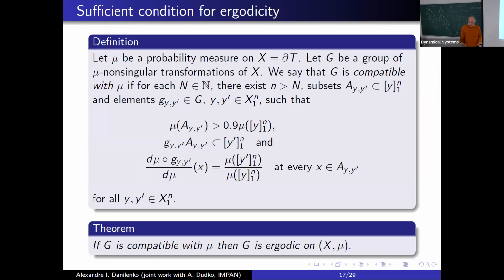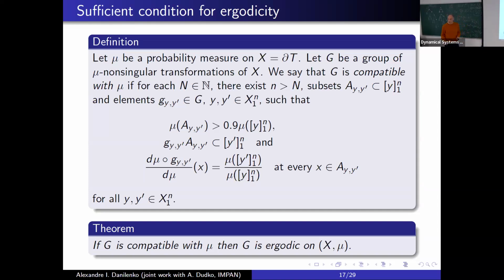But for that, we need more than just ergodicity on cylinders. What does it mean, more? We want to move a significant proportion. Take any cylinder, and we want to move a significant proportion of this cylinder to another cylinder.